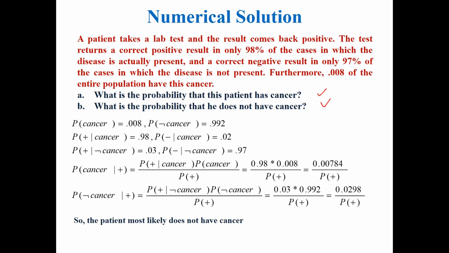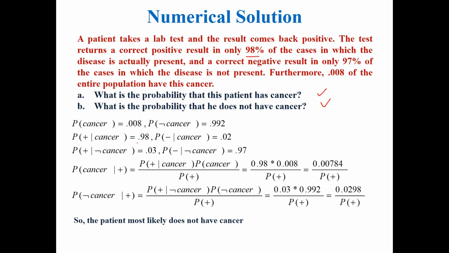If 100% of patients take the test, then out of those, only 98% get the correct positive result. A positive result means the probability of getting a positive result given that it is cancer. That is the correct positive result, and that is given as 98%, 0.98.